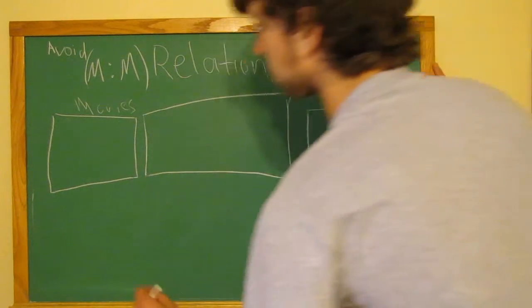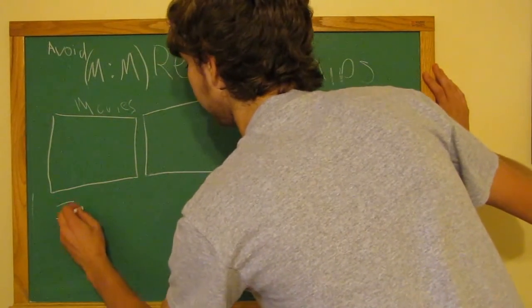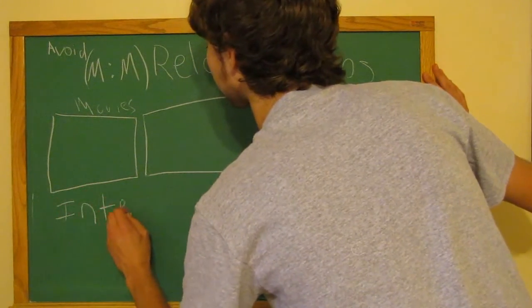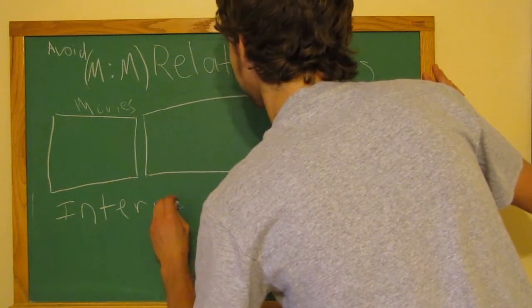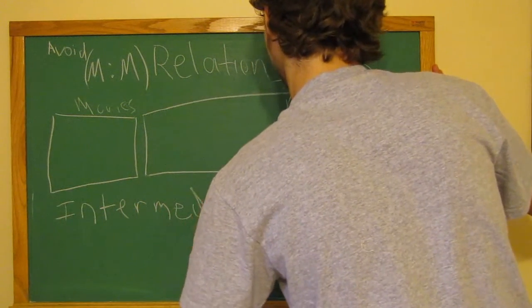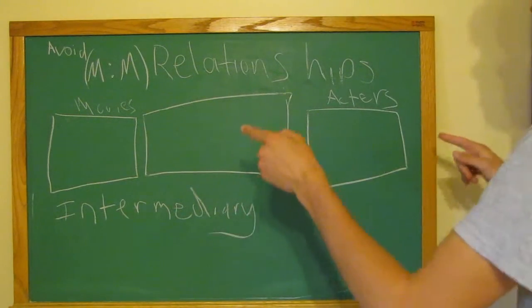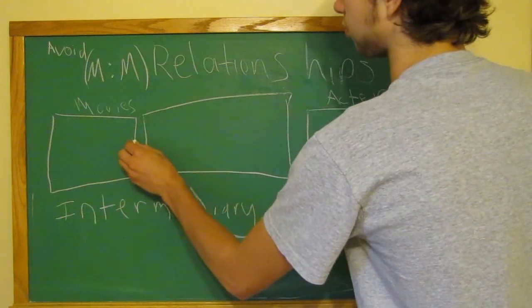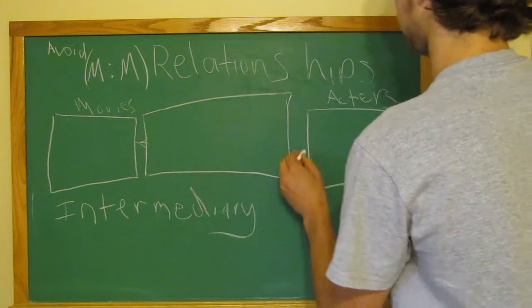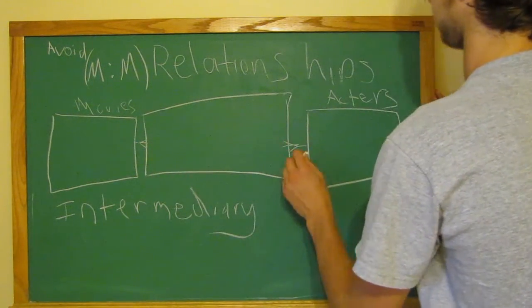So here's another term to learn: intermediary. What this does is combine these many-to-many into 2 separate one-to-manys, if that makes any sense.